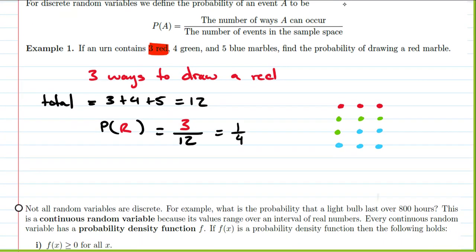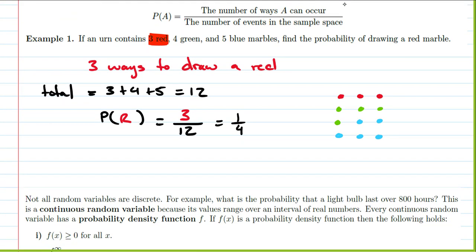To make a connection to what we were talking about up here, we have the probability of drawing a red was 1/4. What would have been the probability of drawing a green? Well, there's 4 green, and how many was our total? 12. So green's going to be 4/12. And what's the probability of drawing a blue?